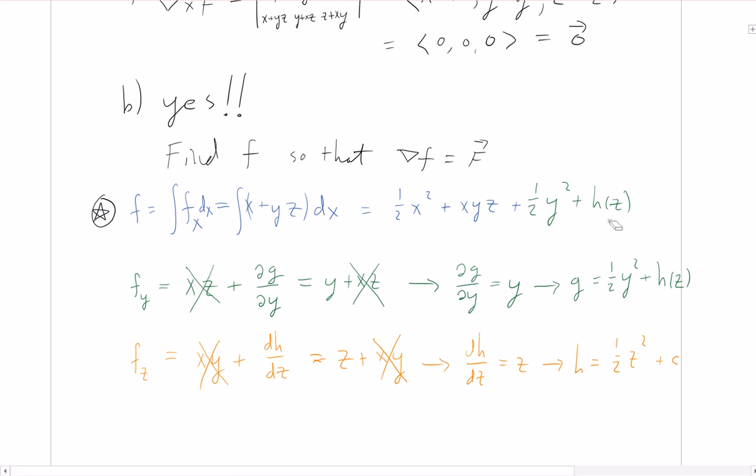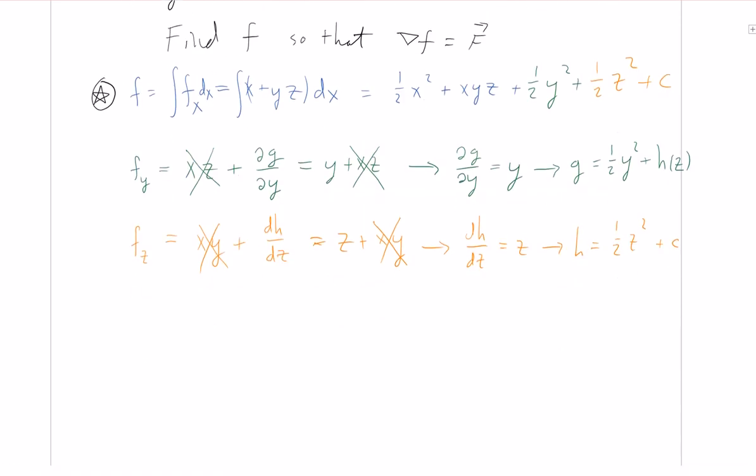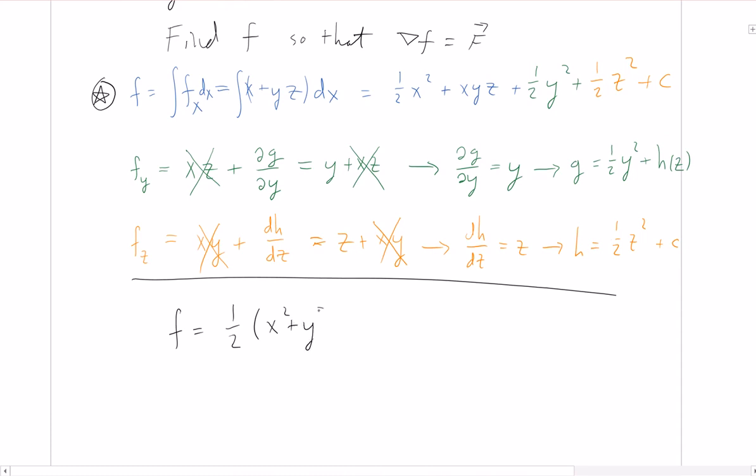So H is 1/2 z squared plus a constant. And so we are finally done. Let's just summarize. So f, let's add those three terms together and factor out the 1/2, plus some constant.